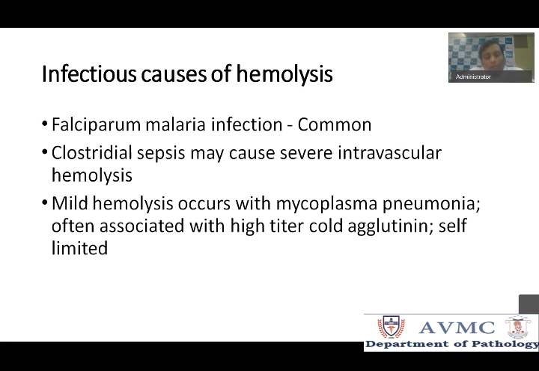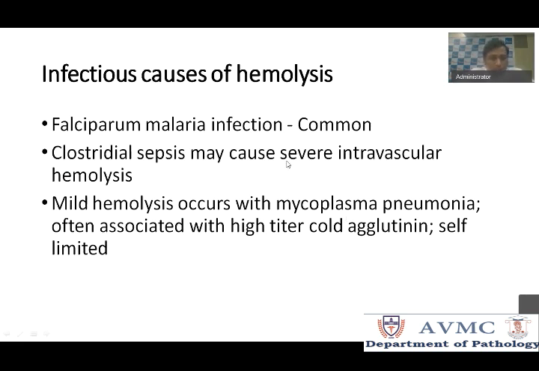When there is severe falciparum malaria infection, there could be lysis, which is a very common condition. But I have not discussed malaria here because again it will be too extensive. So the falciparum parasite can cause hemolysis, and clostridial infection or clostridial sepsis can cause hemolysis. This is very rare, and sometimes hemolysis can also occur with mycoplasma and other organisms.